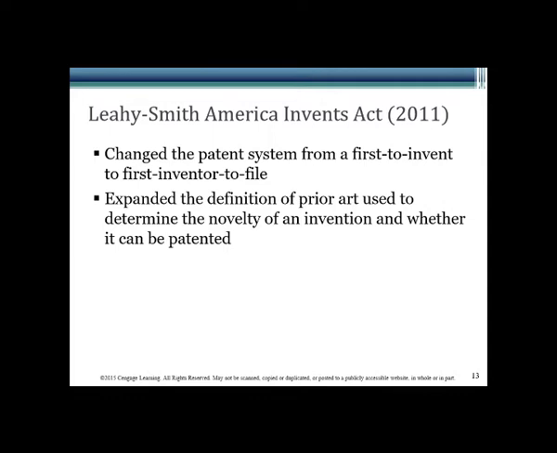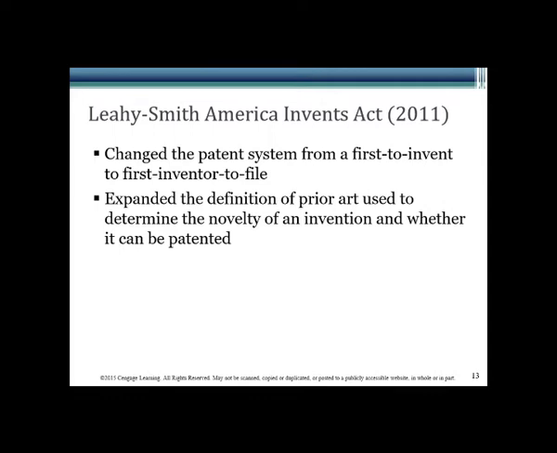That means, if two people file for a patent application on the same invention at approximately the same time, the first person to file with the USPTO will receive the patent, not necessarily the person who actually invented the item first.